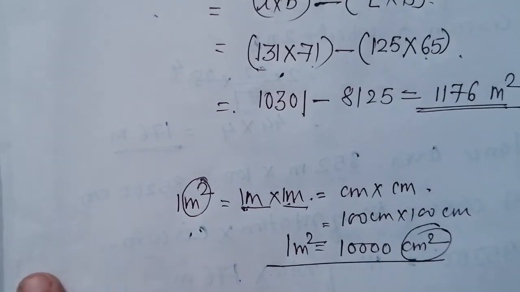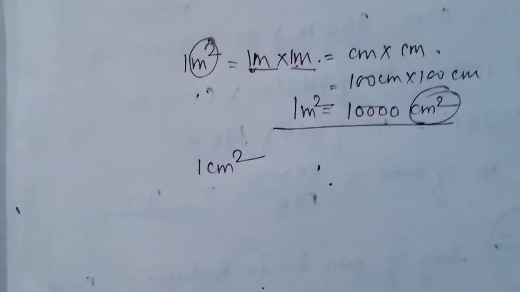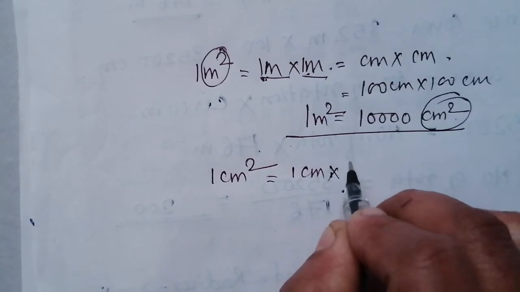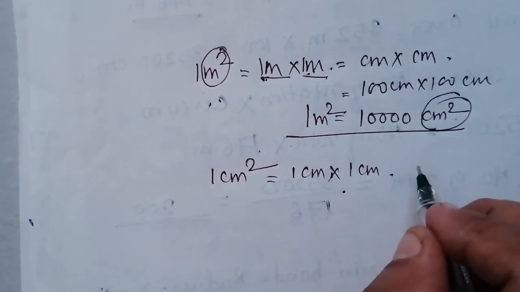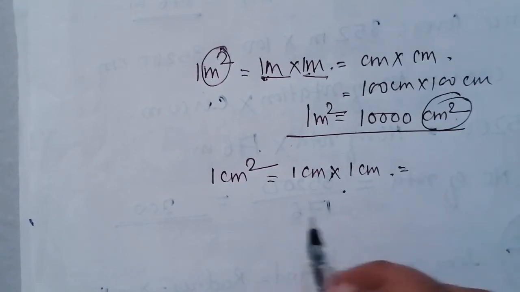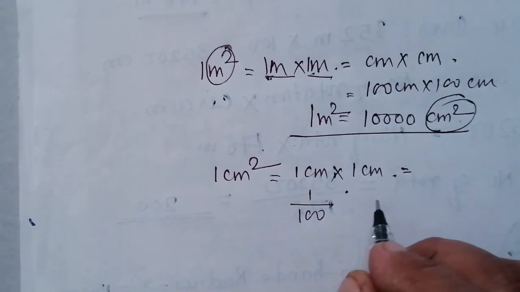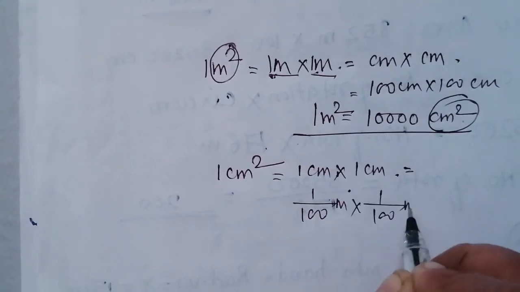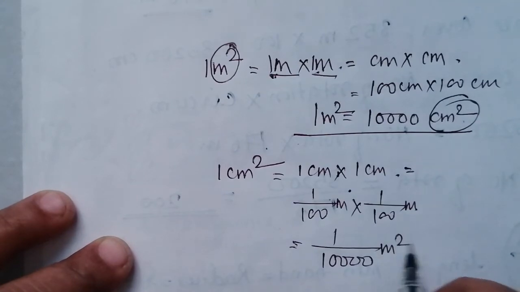Suppose it is given 1 centimeter square. 1 centimeter square means 1 centimeter multiplied by 1 centimeter, and you have to convert this into meter. 1 centimeter means 1 divided by 100 meter, so multiplied by 1 divided by 100 meter. So this will be converted into 1 divided by 10,000 meter square.